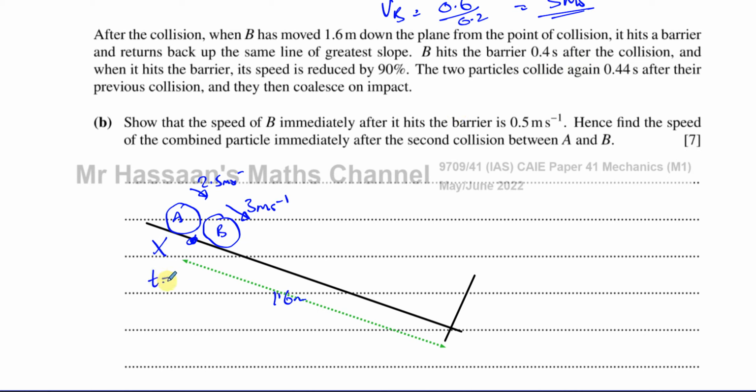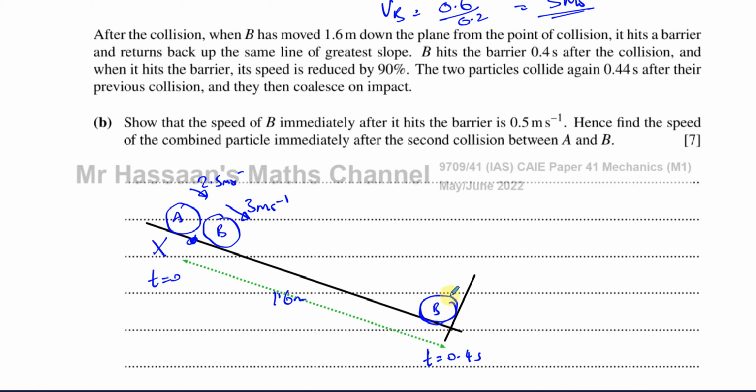So if we call the collision t equals 0, B reaches the barrier at t equals 0.4 seconds. B is now going to hit this barrier.